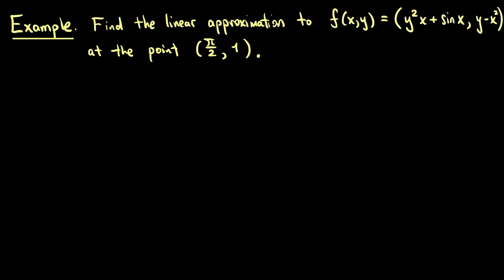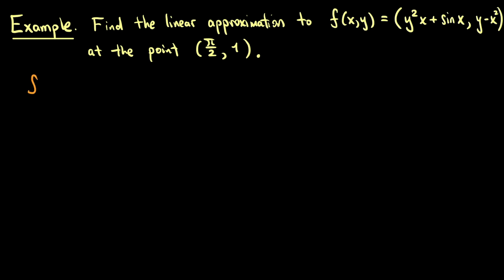Let's have an example. Let's compute the linear approximation of this function, which is a function of two variables, and it outputs two variables. So f is going from R2 to R2. So the linear approximation should involve a 2x2 matrix. So let's compute it. First I need to compute the total derivative of f.